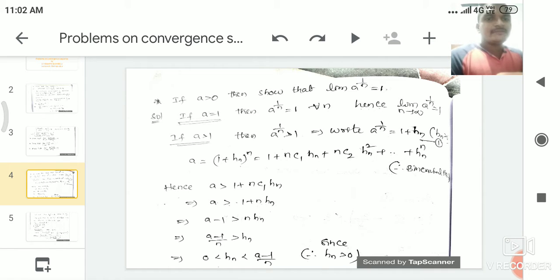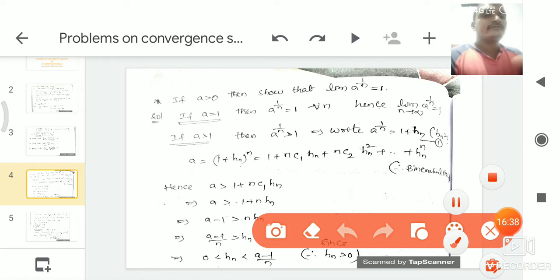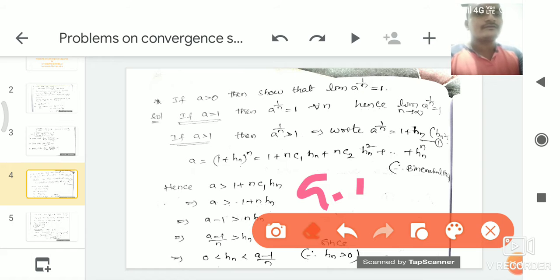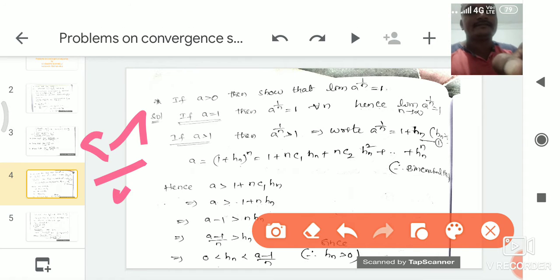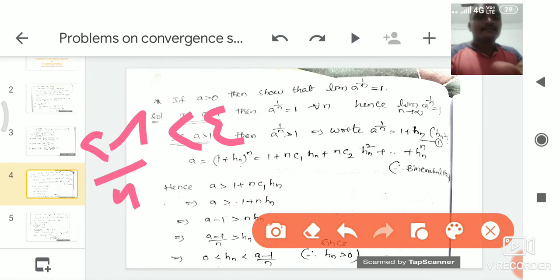So whenever (a − 1)/n < epsilon, from that we get Hn < epsilon. Then we have 0 < Hn < (a − 1)/n < epsilon.